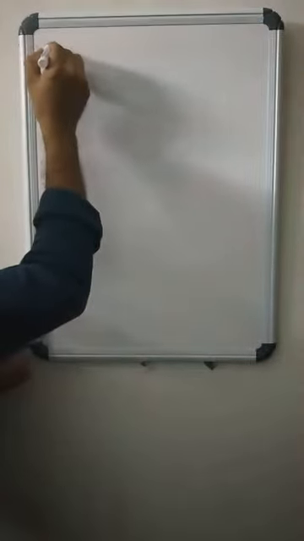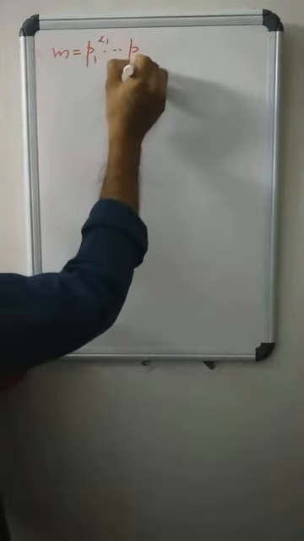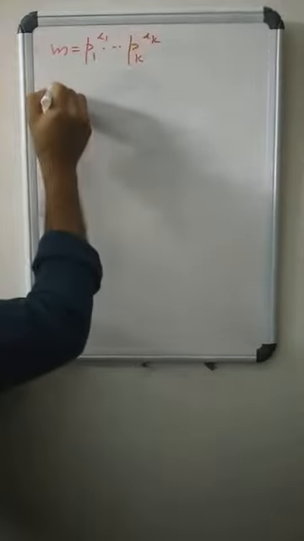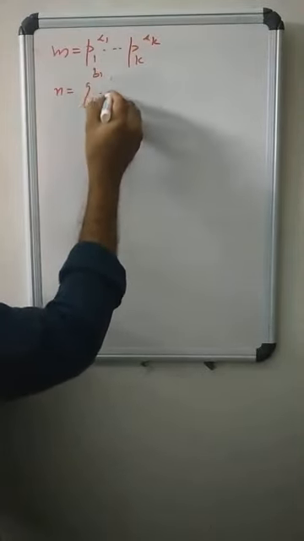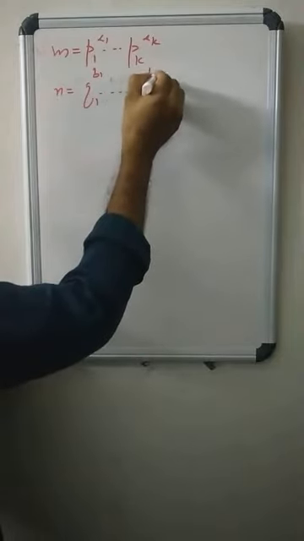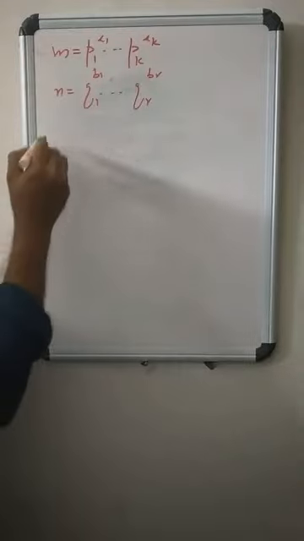Then is lambda completely multiplicative? Choose m equals p1 power a1, etc., pk power ak, and n equals q1 power b1, etc., qr power br. What is mn?